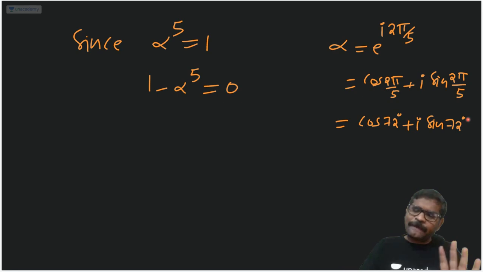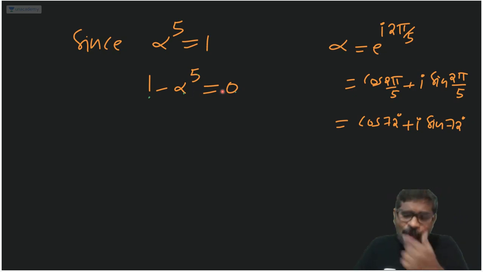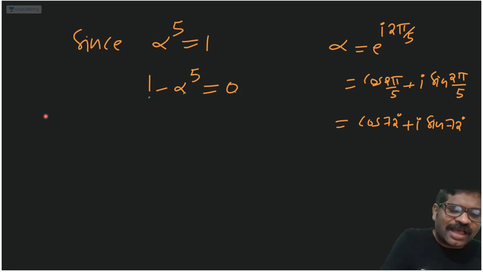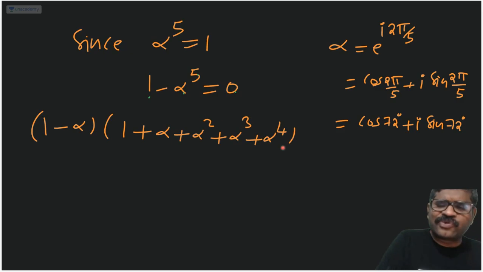Now, 1 minus alpha power 5 can be written as 1 minus alpha into 1 plus alpha square plus alpha cube plus alpha power 4.